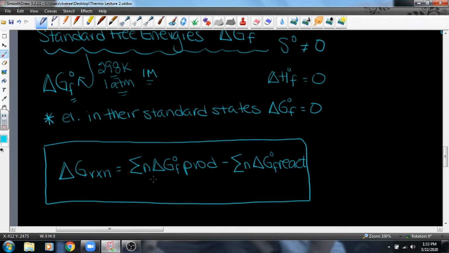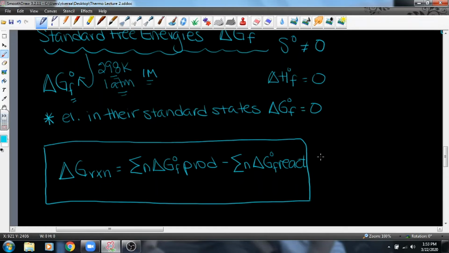Are you tired of this equation yet? Remember, we did this for delta H. We did this for delta S. It's just another way to predict the spontaneity of the reaction by looking at the free energy change of the formation of the products versus the reactants, and that delta will be your delta G of the reaction.